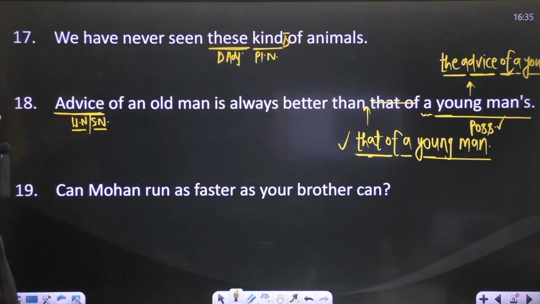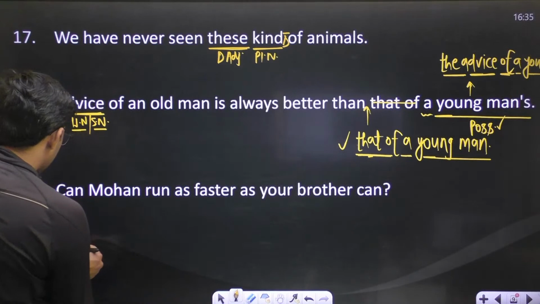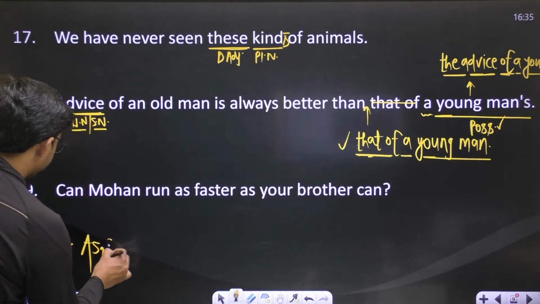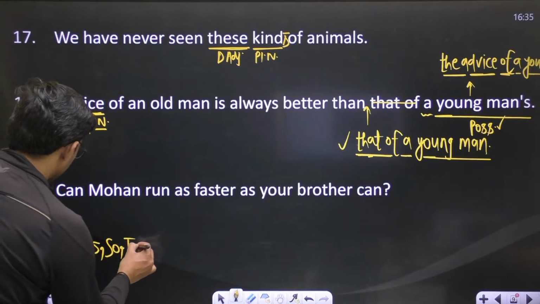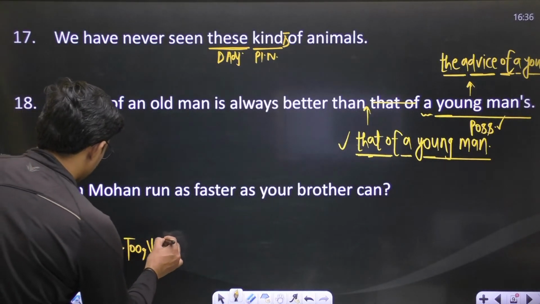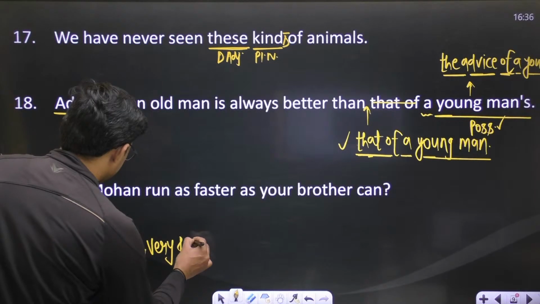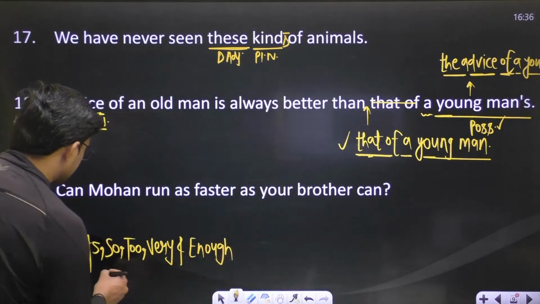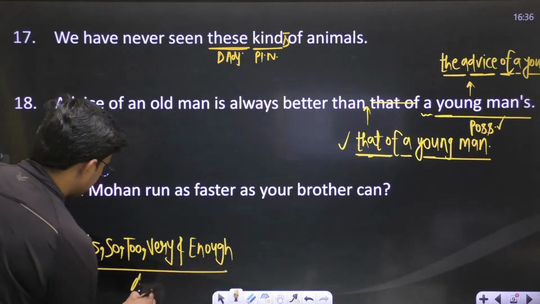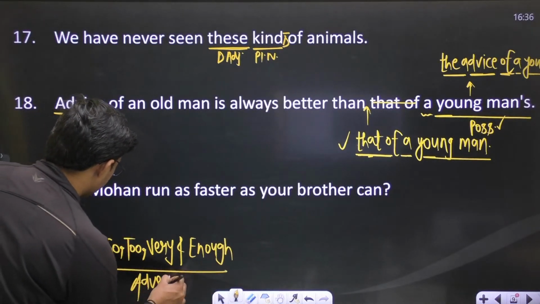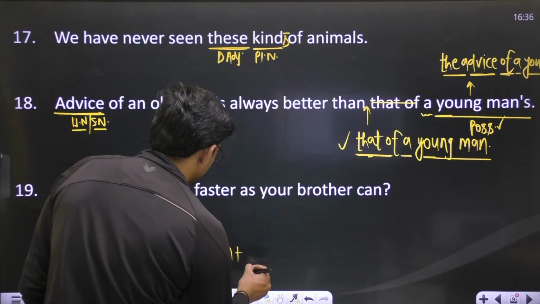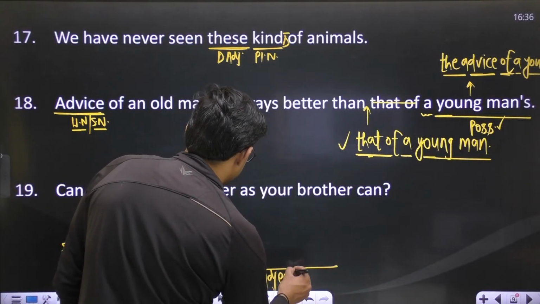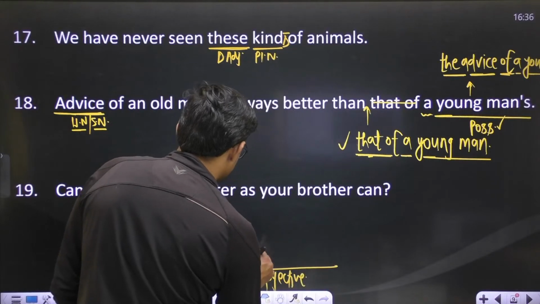Can Mohan run as faster as your brother? Make sure some of the adverbs like as, so, too, very, and enough, these five words are adverbs in nature. After these adverbs we use an adjective, and this adjective must be of positive degree.